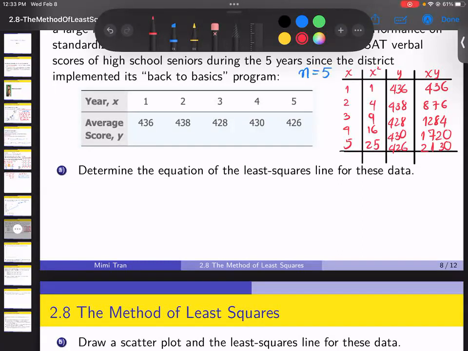Remember the last one is x times y, not y squared. Careful. And then you sum them.